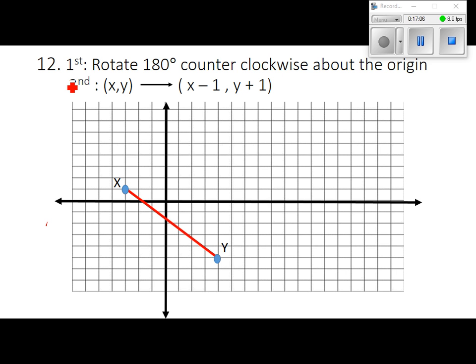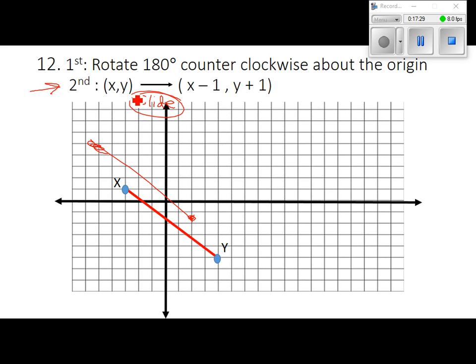But that's where it's at. Once we have it there, it's going to end up right in here. Then what's this tell us? What kind of transformation is that? Not a reflection. It's a slide. It's a translation, right?